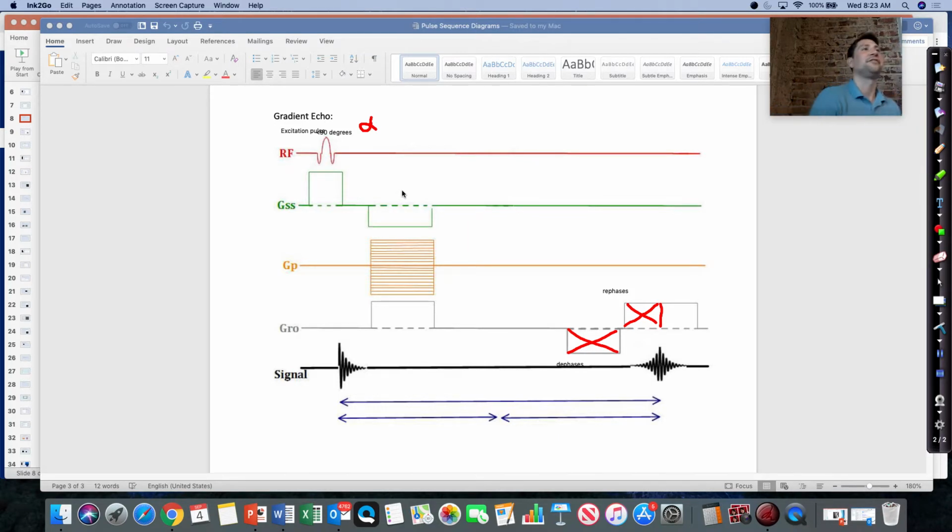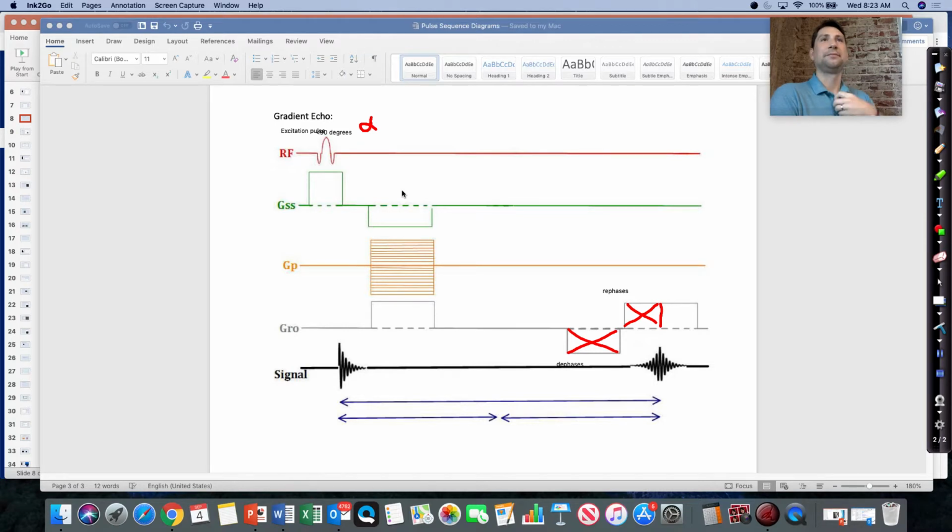What is a disadvantage of not having that 180 degree refocusing pulse? What's so good about that 180 degree refocusing pulse? It corrects for a lot of things. Good. Chemical shift, magnetic susceptibility, and field inhomogeneities.